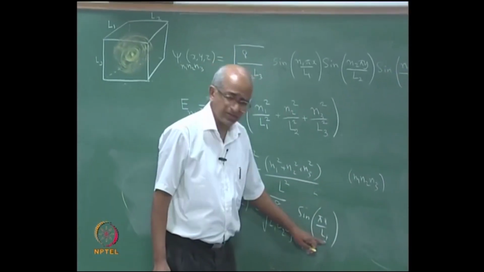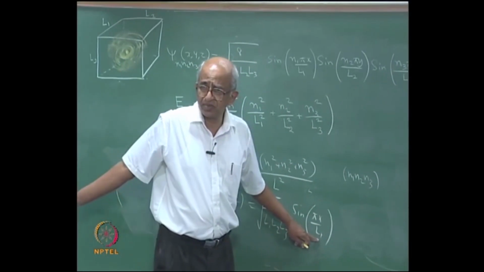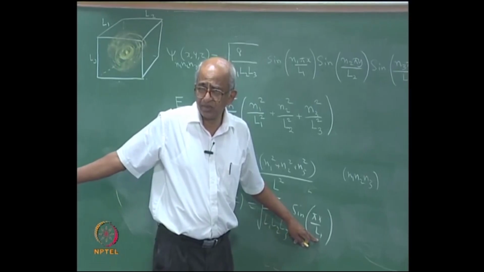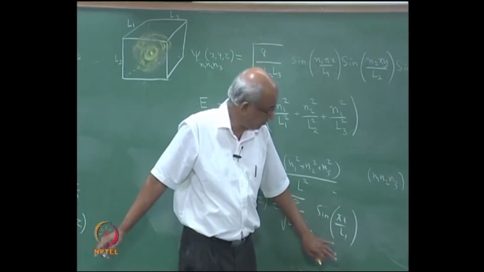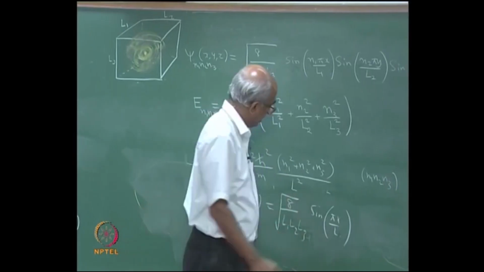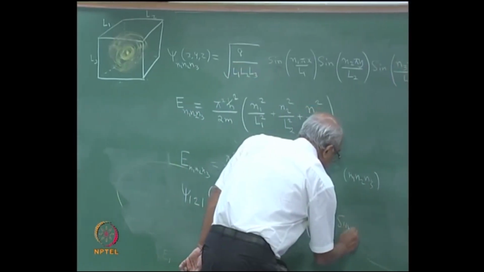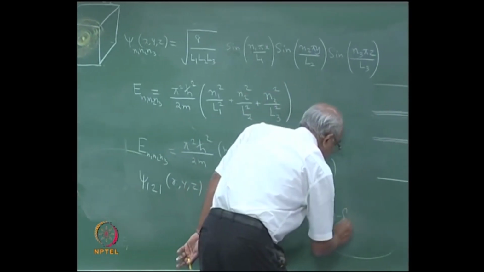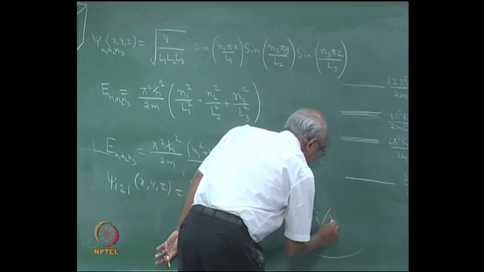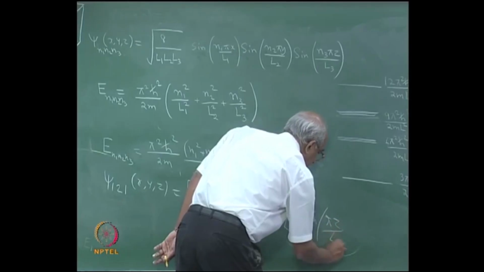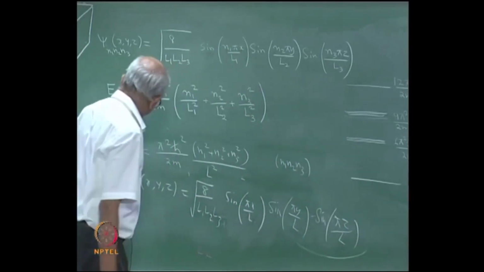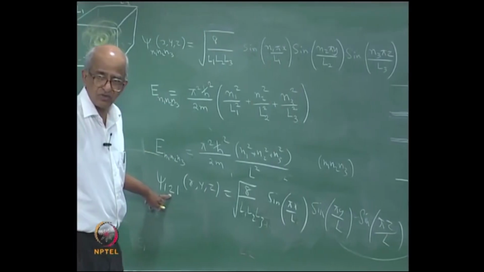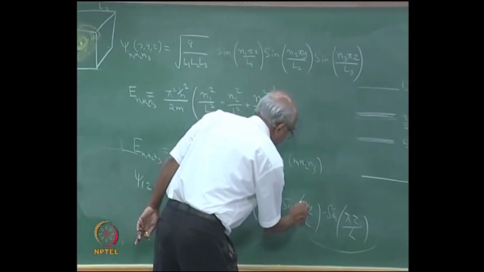But it is not really necessary to put L1 there, because we are assuming that the box dimensions are all the same. So, instead of L1 it will be L: sin pi x by L, sin 2 pi y by L, sin pi z by L. I made a mistake because I assumed that n2 is equal to 2, so I should put a 2 here.